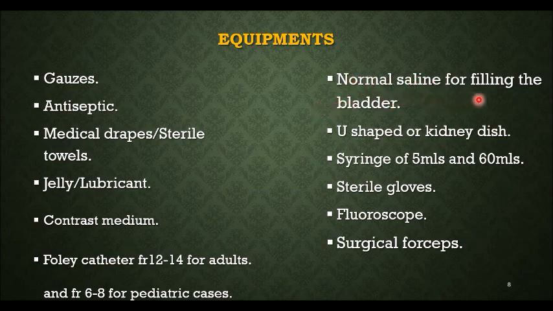And we will need normal saline for filling the bladder. You will need a U-shaped or kidney dish. You will use a 5 ml syringe for ballooning the Foley catheter in the fossa navicularis, and a big 60 ml syringe for filling of the bladder and injection of contrast medium. And of course, you will need sterile gloves, a fluoroscopy machine, and surgical forceps for clamping of the Foley catheter.